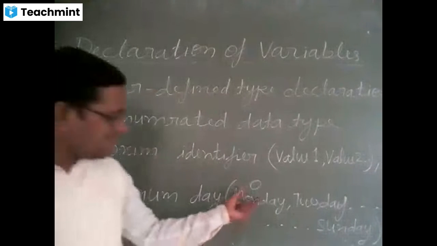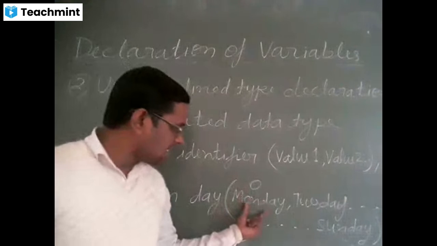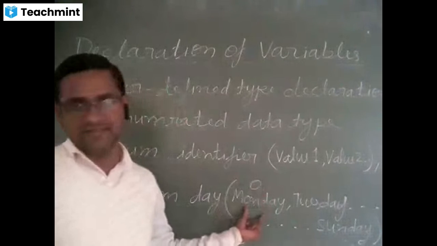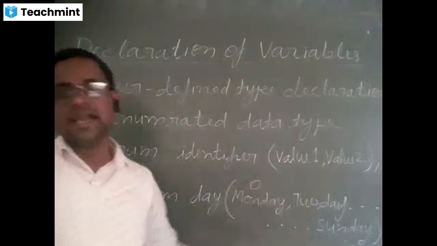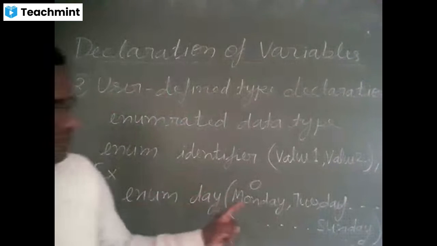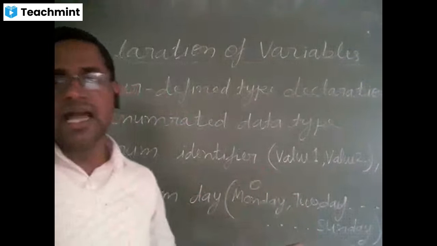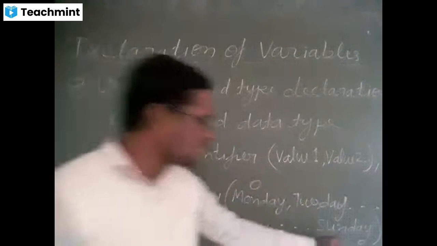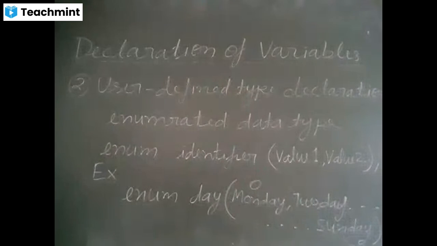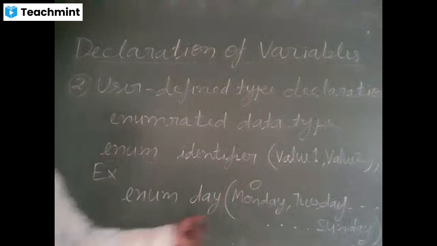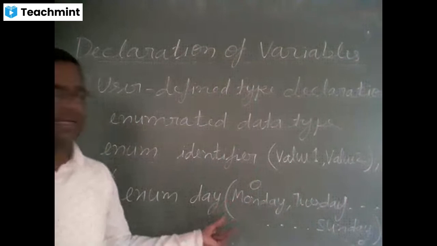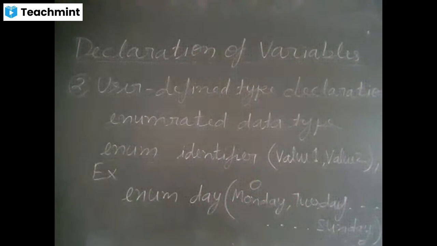Means the compiler will assign 0 to Monday, 1 to Tuesday, 2 to Wednesday, and so on, and 6 to Sunday. So in this way the compiler will automatically assign integer digits to each and every value declared within the enumerated data type.